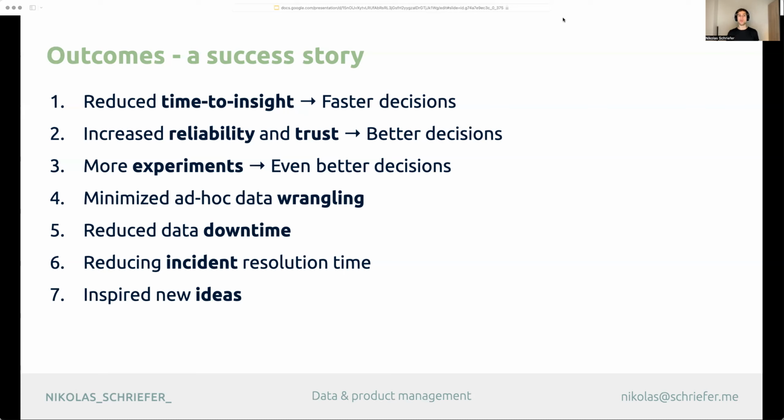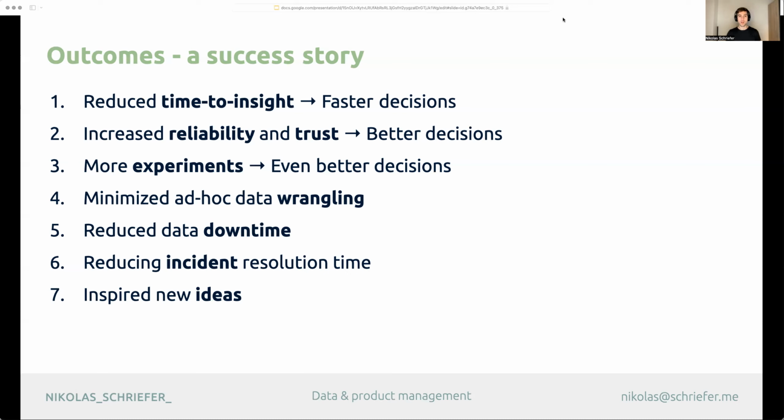We also were able to increase reliability on the technical and factual side and also on the perceived side, which might be even more important, since that builds trust with all the stakeholders to use data more for decision making. And that, of course, ultimately leads to also making better decisions.